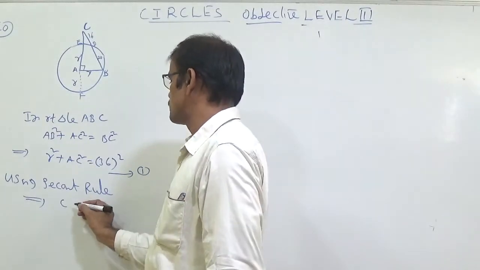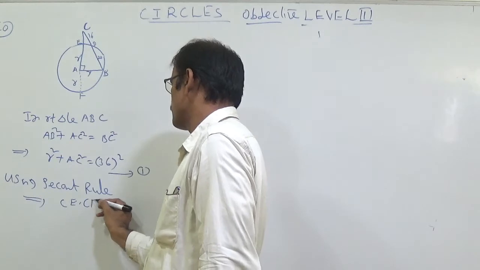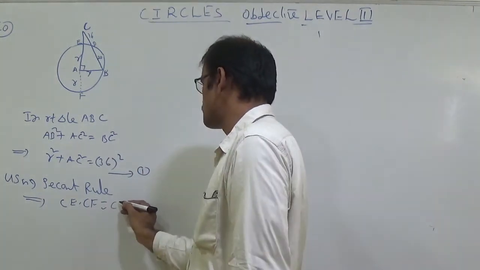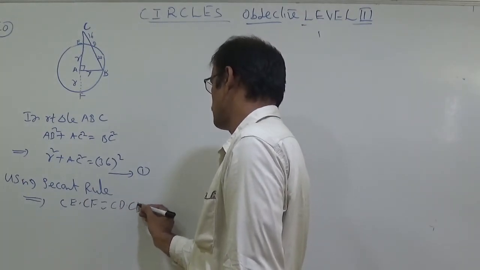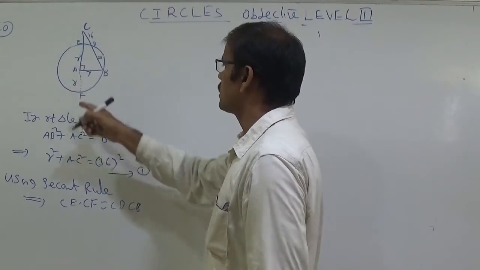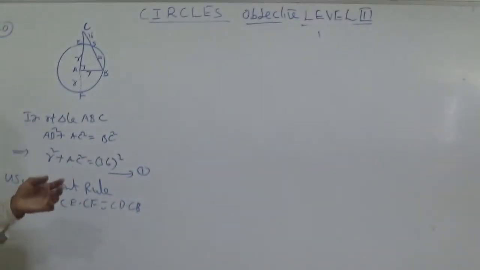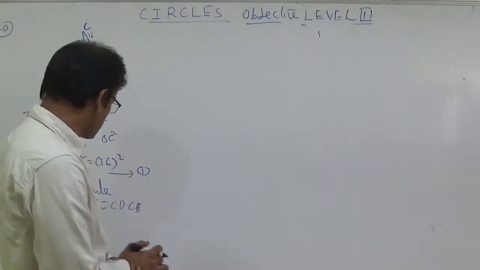So small is CE, dot CF, it is large. Small is CD, dot CB. CE dot CF is equal to CD dot DB.